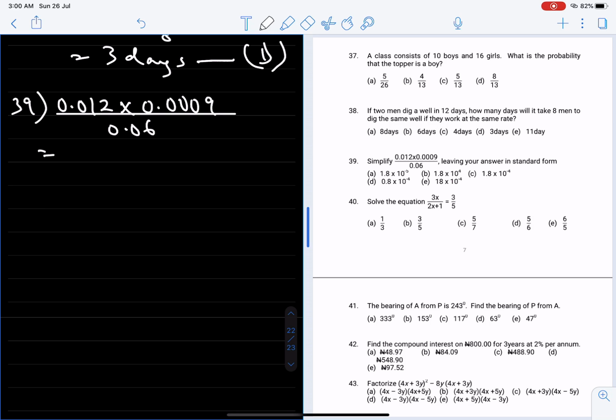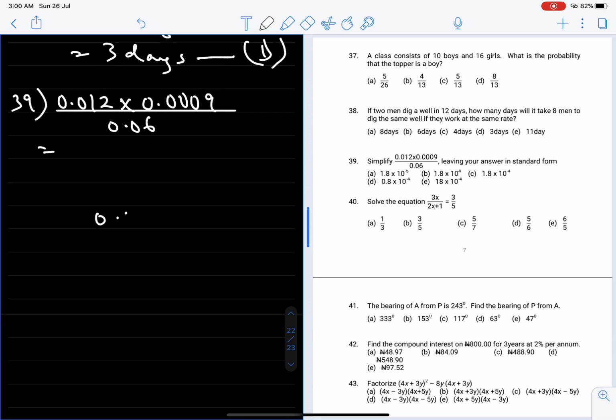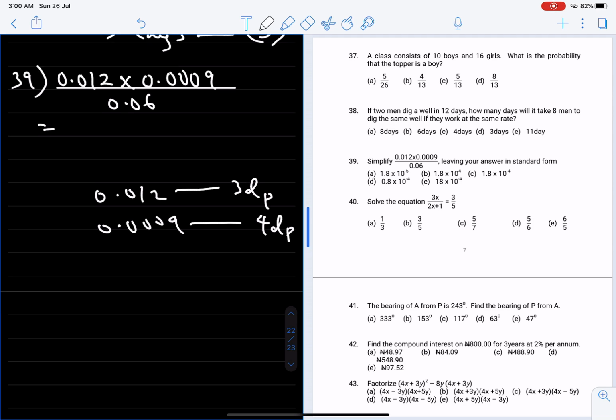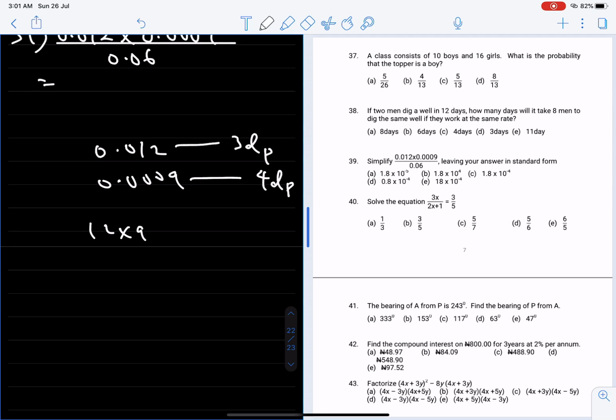We can just do 9 times 12 first. 0.012 has 3 decimal places, and 0.0009 has 4 decimal places. So if we just multiply 12 by 9, that gives us 108.